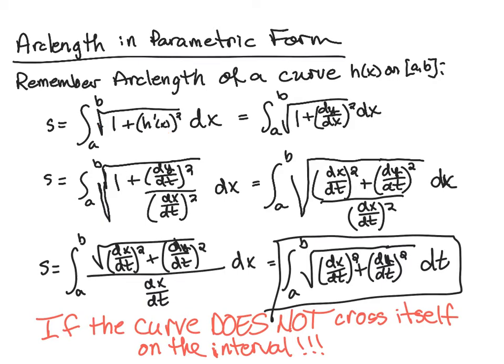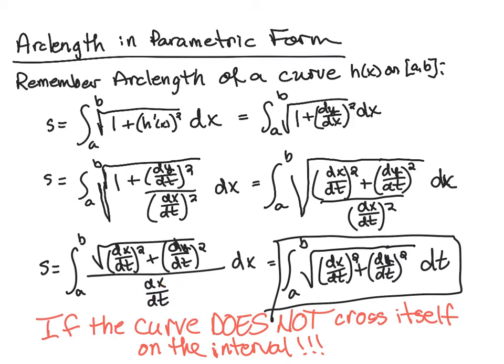Now, h prime is dy/dx, right? Because y was a function of x. So if we've got dy/dx squared and now we're in parametric form, then that's dy/dt on the top and dx/dt on the bottom. They're both squared. Now if we get a common denominator, we have this. If we take the square root of the top and the square root of the bottom, then the bottom is just dx/dt with no root.